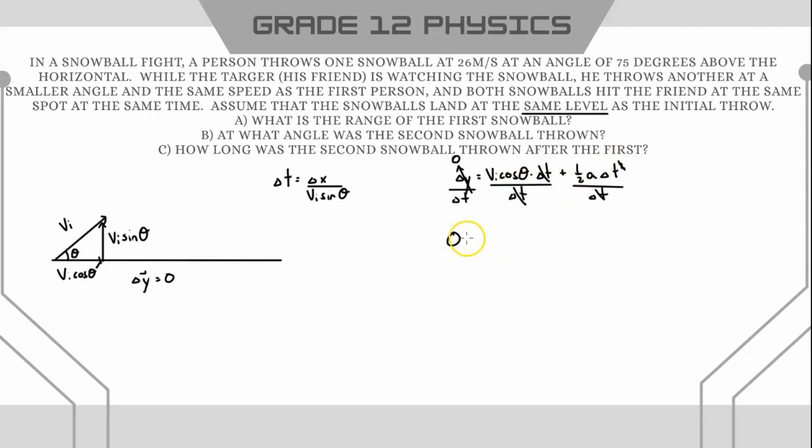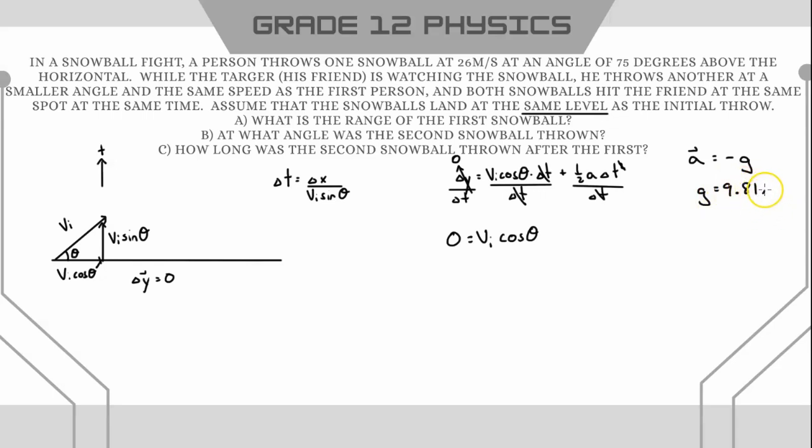So we end up with 0 equals vi sine theta. And then we have plus 1/2 a. Now in this case, acceleration is the acceleration due to gravity, and I am making up positive. But what I'm going to do here is just say the acceleration is minus 9.81, but I'm going to call that negative g, where g is just having the value of 9.81.